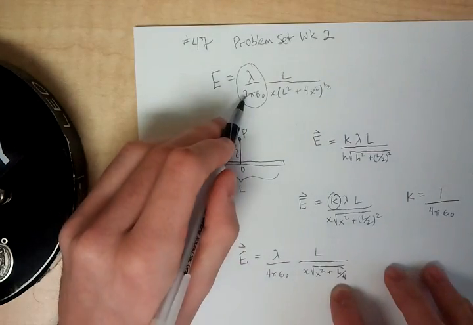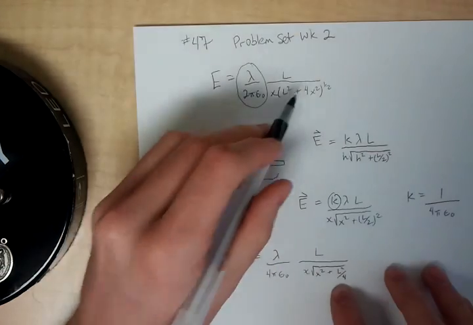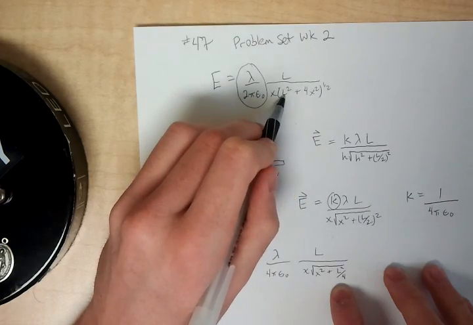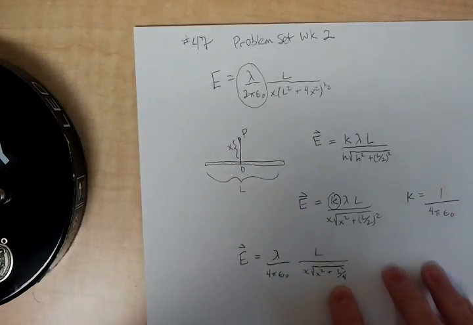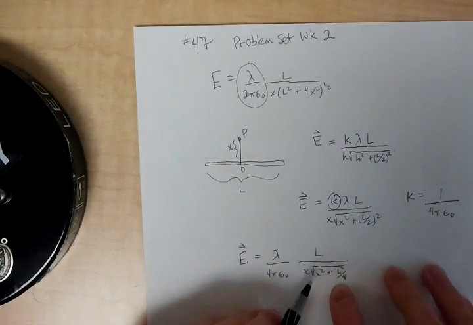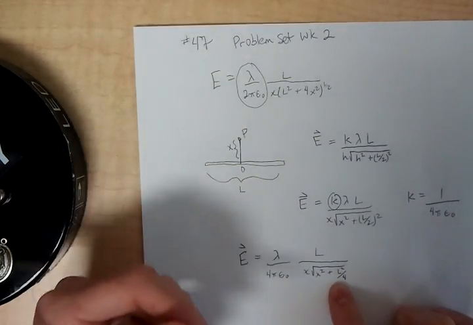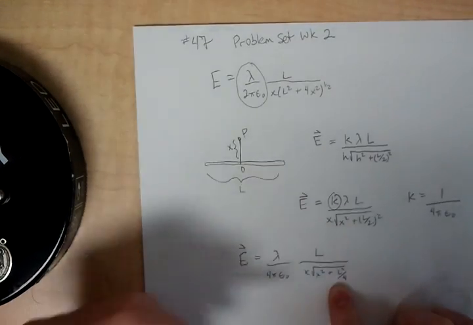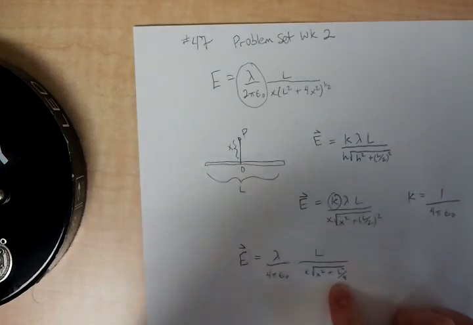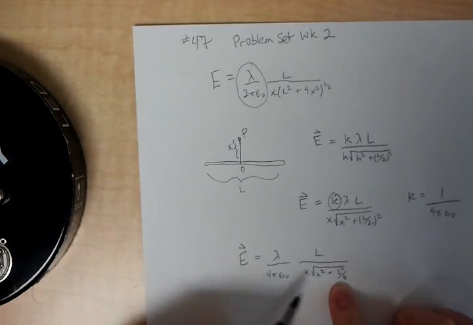You'll notice here we have a 2, we have a 4, and here we have no denominator under the length and 4 times x squared. So we're going to use algebra to figure this one out. If we multiply a fraction, we have to multiply the top and bottom by the same number.